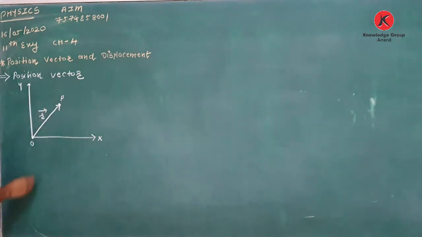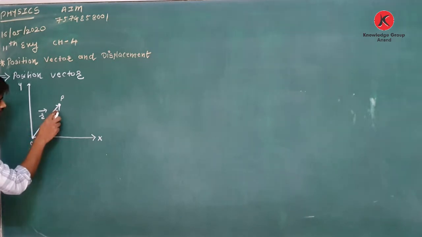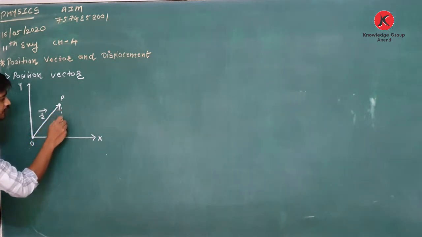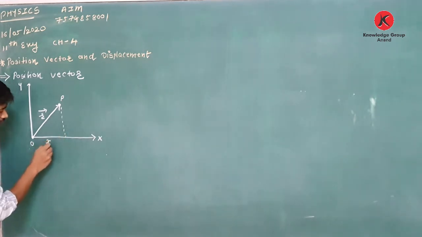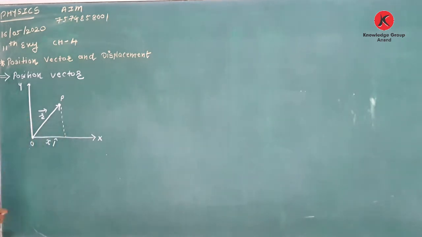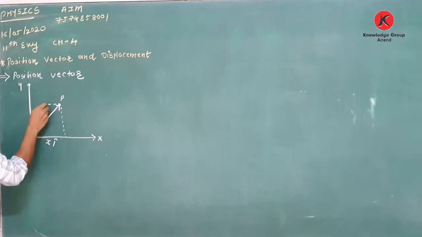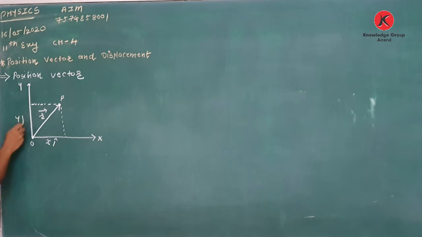Now see here. If I draw a perpendicular on the x-axis, it is the x component of the position vector. If I draw a perpendicular on the y-axis, it is the y component of the position vector. Clear about this?